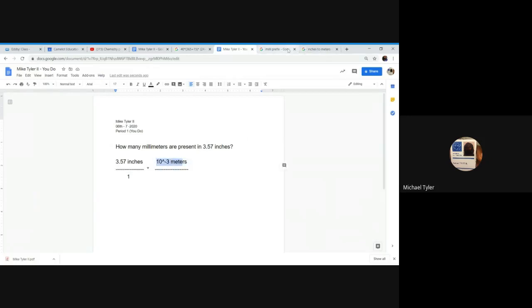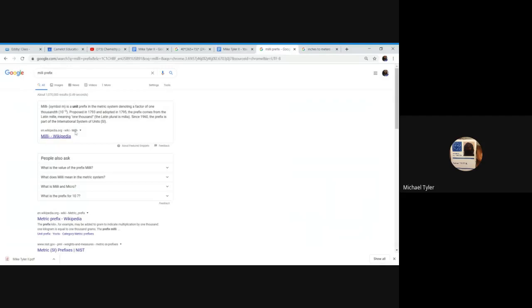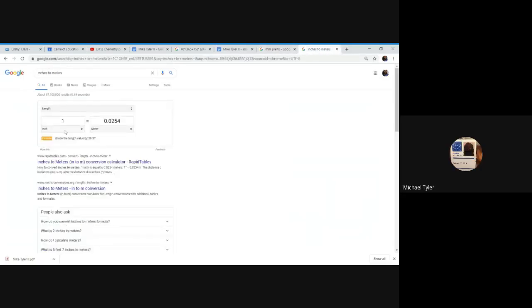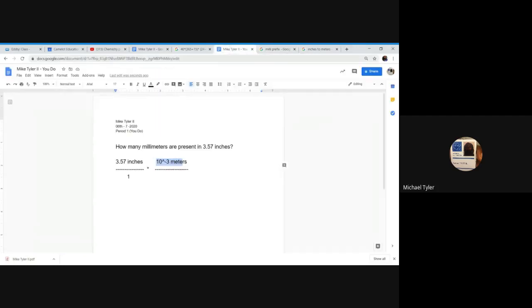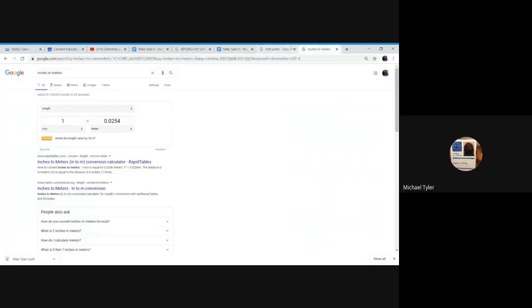Okay, all right. So if we use that, we can put this. Remember, inches is what we want to cancel, right? And that's what we're going to use. 1 is equal to this. So that's like that fraction I showed you with millimeters. So now we're going to put 1 inch down here. What do you got to use to convert?